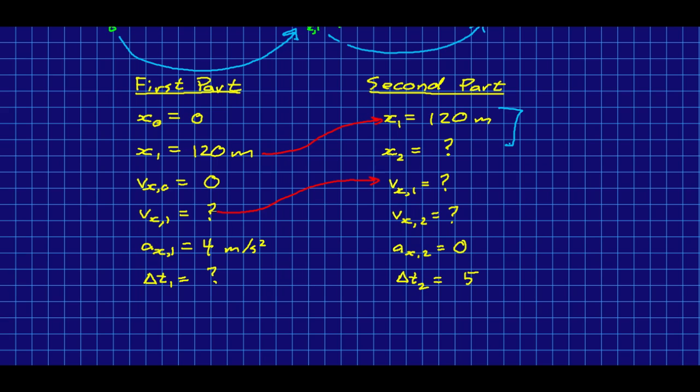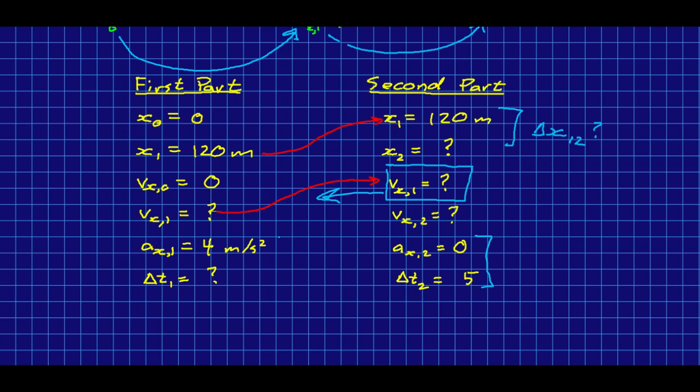So what we really want is delta x 1, 2. But we don't know that. To solve for this, we would need to know three things. Well, look, we know two. If we can get one more, then we'll be in good shape. Well, look, this one we can find out of the first part.